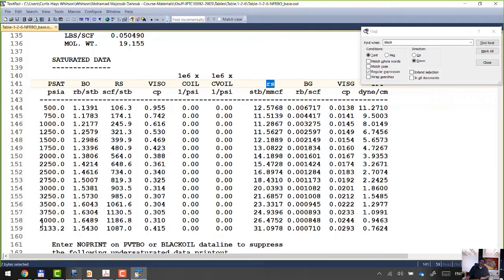You can see that at the initial dew point pressure, it's got a CGR of 31 barrels per million. And the saturated Bg at that dew point pressure of 5133 is given here.